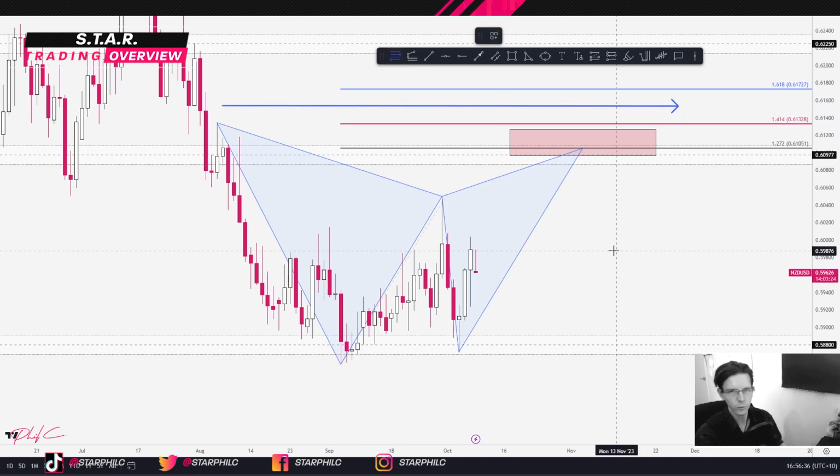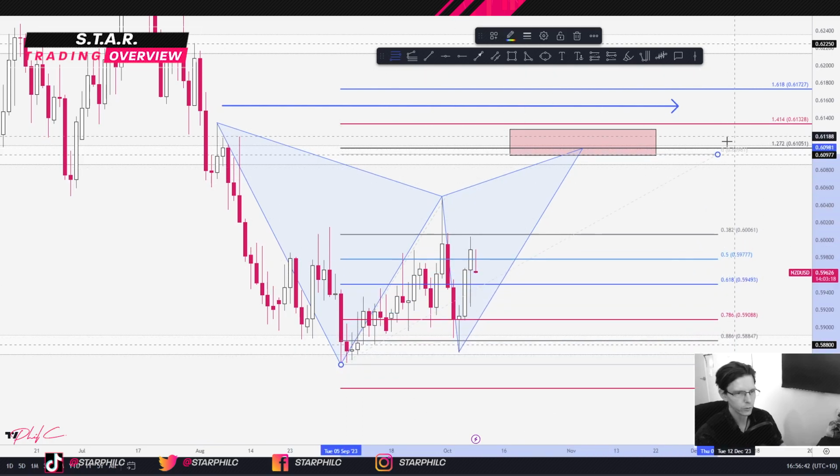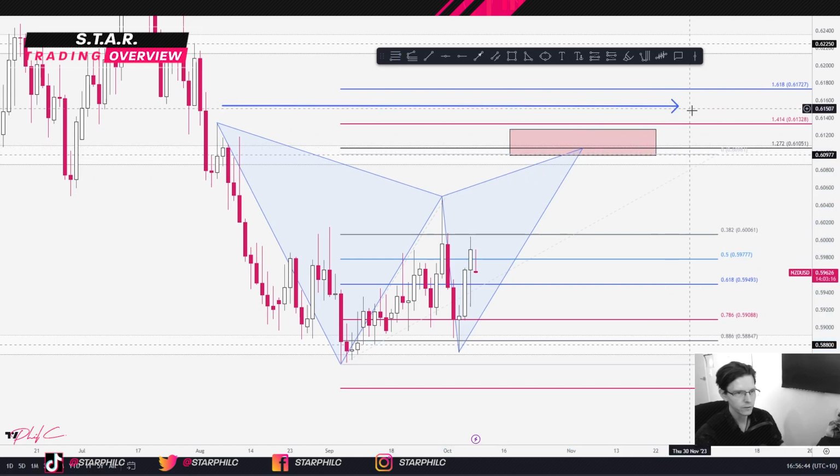And the targets will be in the same place. Fibonacci retracement from swing low all the way up into our 127 right there. So this just gives us a very, very nice risk to reward. We're looking for sells at the 127 and target 1 will be at a 382, okay? And target 2 will be all the way down at a 618 right here.